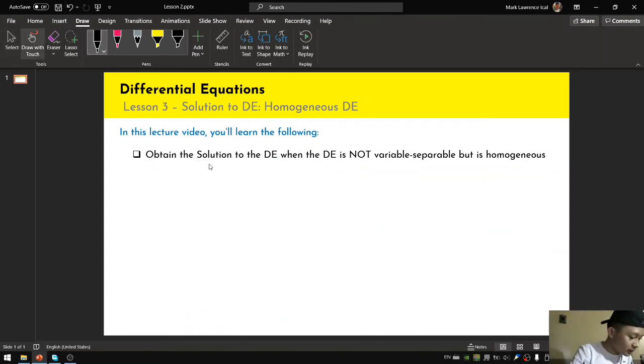Let's try an example. This is what I used when I was reviewing, and it contains the steps. Let's try 3x cubed minus 2xy squared plus 4y cubed equals 0. Let's try the test. x is rx, y is ry.